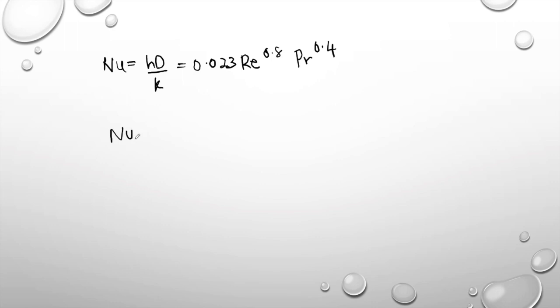Now your Nusselt number, Nu equals hD over k, equals 0.023 Reynolds number to the power of 0.8 and Prandtl number to the power of 0.4. Now substitute all the values inside.